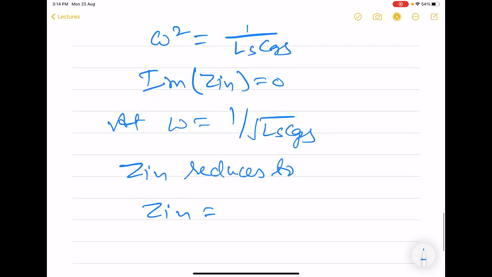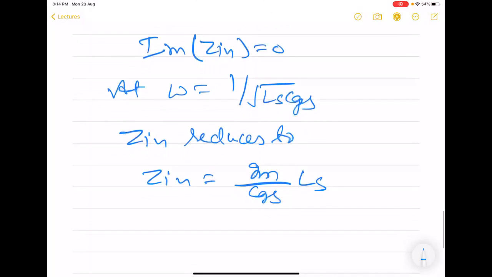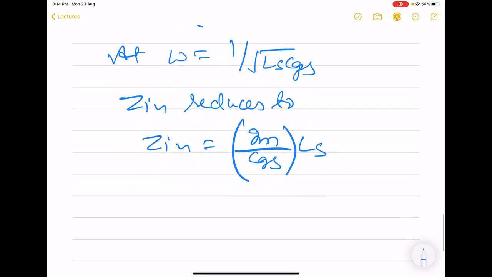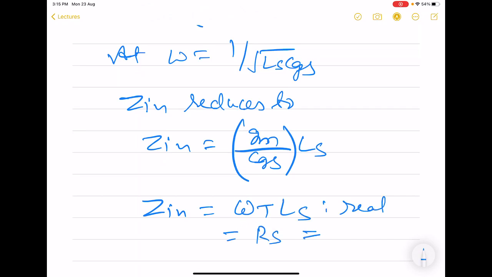Zin is equal to gm by CGS into LS. And we know that this factor is basically omega t. It is omega t into LS. And this is real, so this can be made equal to RS or ultimately equal to 50 ohm as well for the purpose of matching.